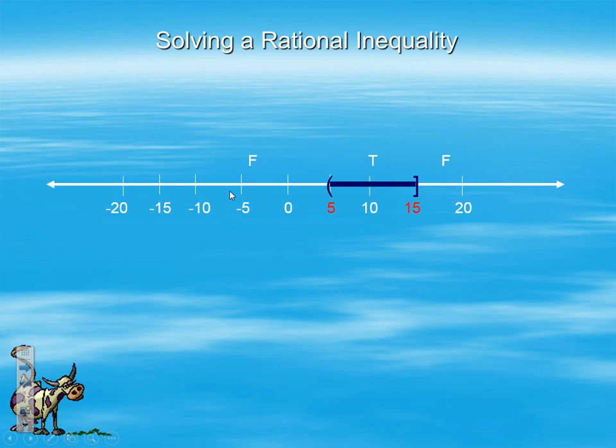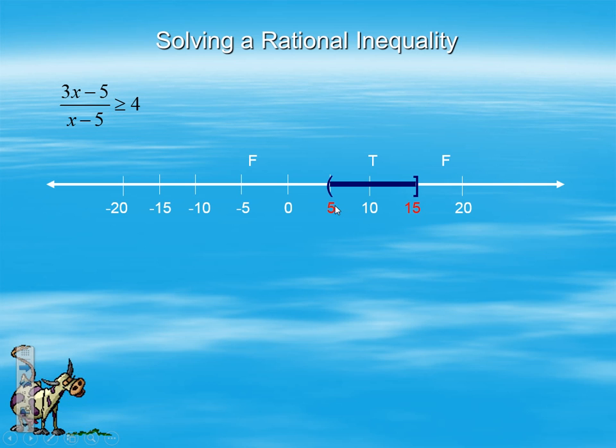Now, when we put 15 and 5 on the real number line, we will then test. So when we choose a point from this region and plug it into our inequality, we find out that we get a false solution. When we pick a value from this region and substitute it in our inequality, we get a true solution. When we pick a value from this region and substitute it into our inequality, we get a false solution. So now the true solution we shade, and then we must test our critical numbers as well.